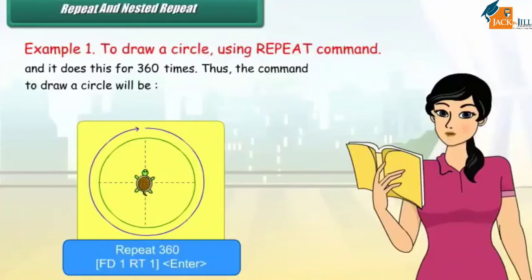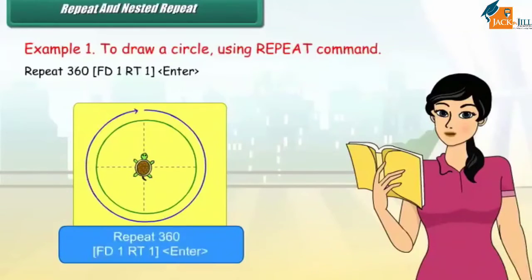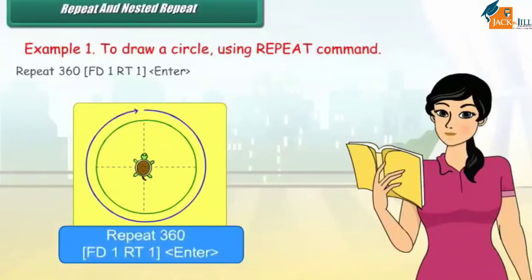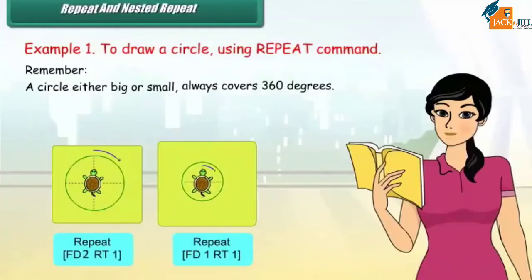Thus, the command to draw a circle will be repeat 360 and in a bracket FD 1, RT 1, enter. Remember, a circle either big or small always covers 360 degrees.